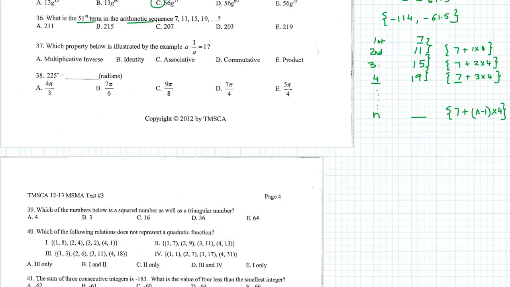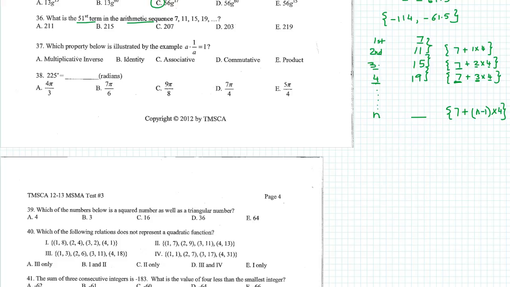And we multiply that difference with a number which is 1 less than the number of the term. So if we are on the fourth term, we use the first term, which is 7, plus 3 times the common difference, which is 4. If we are on the third term, we use the first term plus 2 times the common difference, 4.